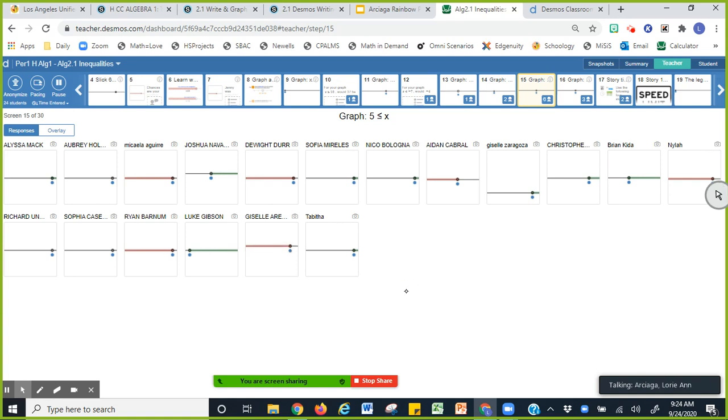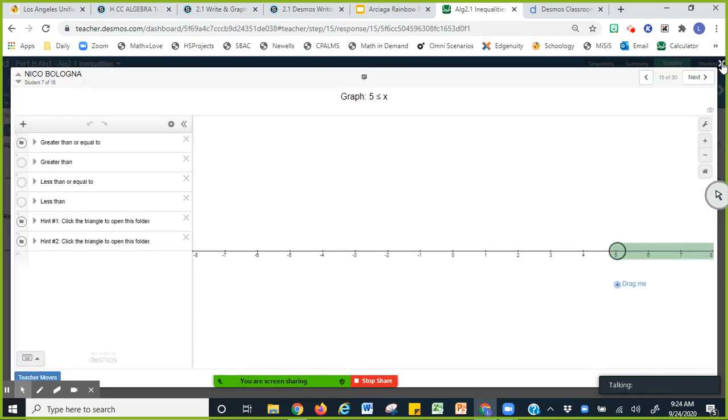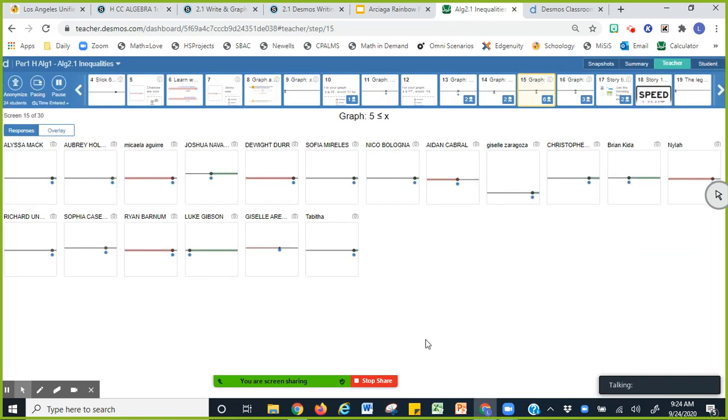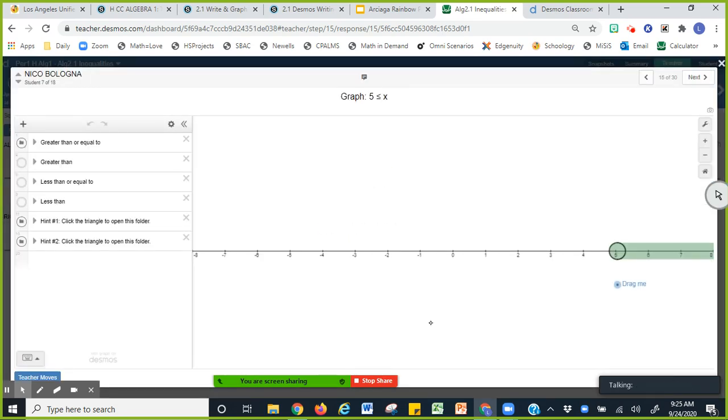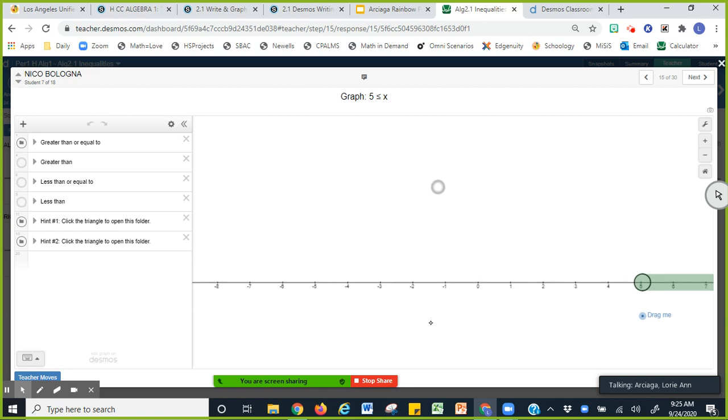So if you flip the inequality and put the 5, oh, sorry, Nico. All right. So if you look at Zoom very quickly, if I flip the inequality and switch the 5 and the x around, why am I not allowing me to write? Okay, let me see if I can write on Nico's.